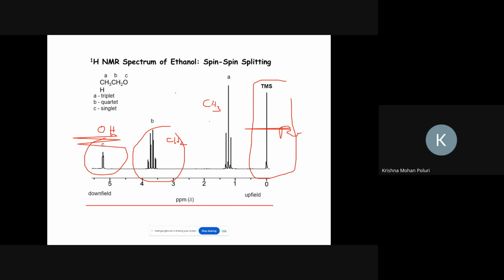Why you get a triplet or quartet depends upon the number of hydrogens present on the next atom. For CH3, the next one is CH2, so it splits into 2 plus 1, which is 3 signals. For CH2, the neighbor has 3 hydrogens, so it splits into 3 plus 1, which is 4.